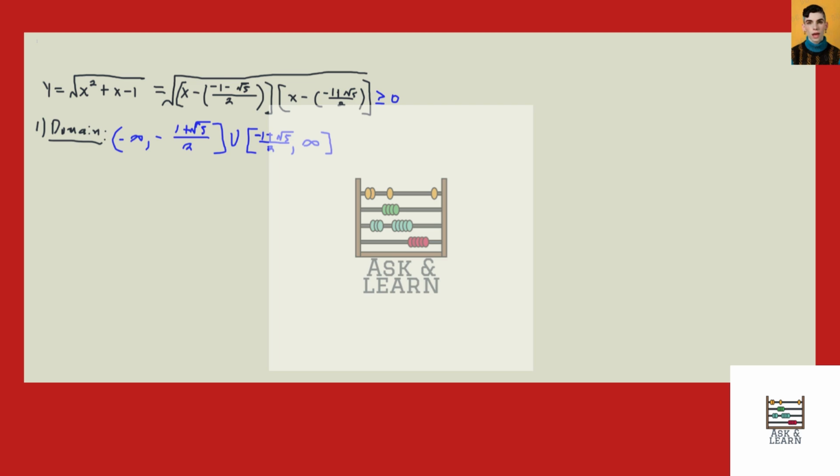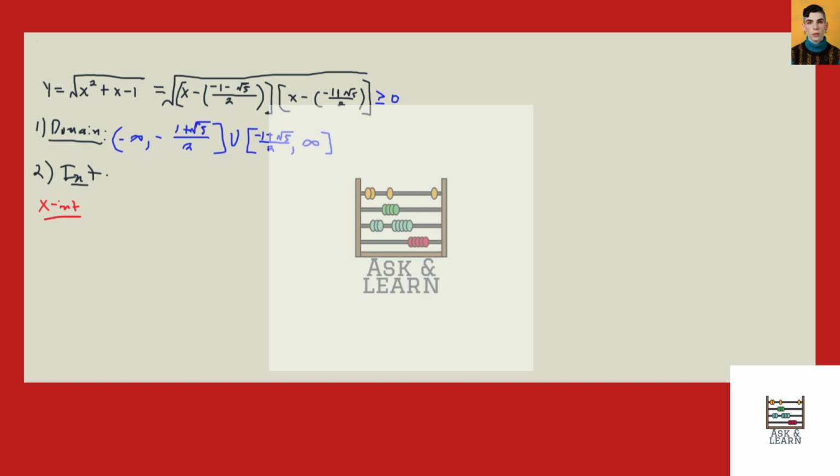Now the next thing we're going to do is find our intercepts. Let's first notice that our y-intercept isn't defined since it is not in our domain. So we do not need to find our y-intercept, but at least our x-intercepts.